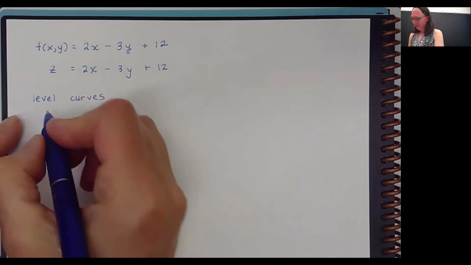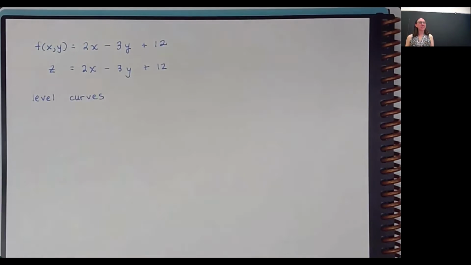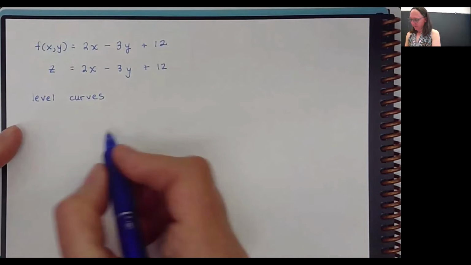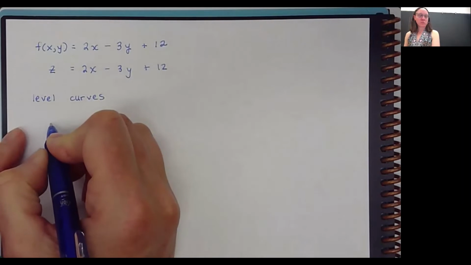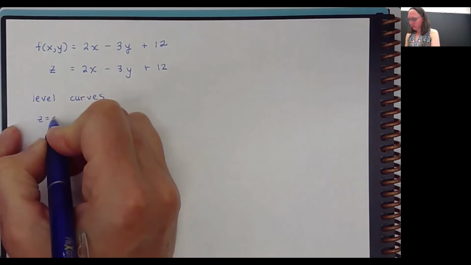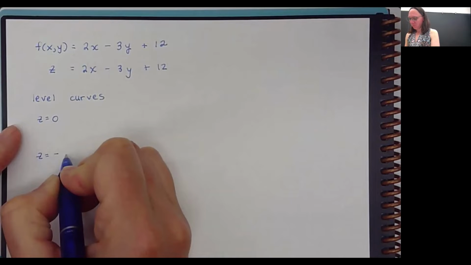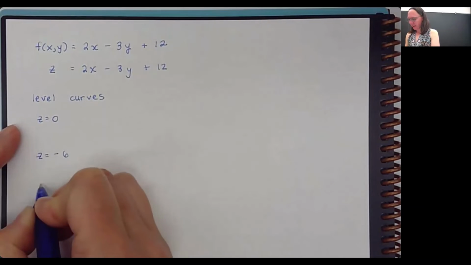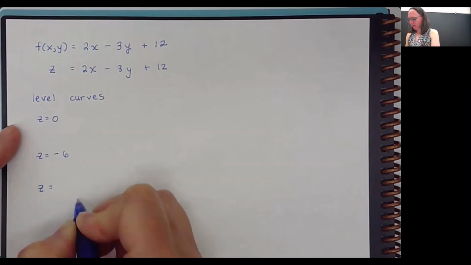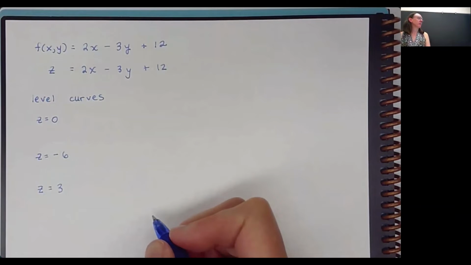So if I pick some values for z, this time there aren't any restrictions. I can pick positive values for z, negative values for z, and 0. So let's do z equals 0, z equals -6, and z equals 3. Let's look at these 3 level curves.